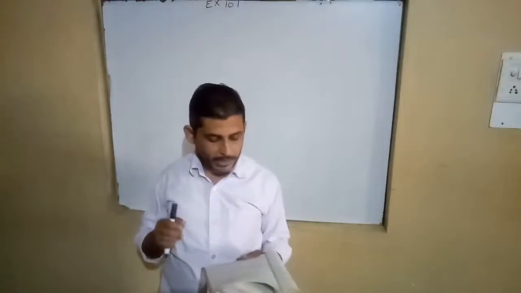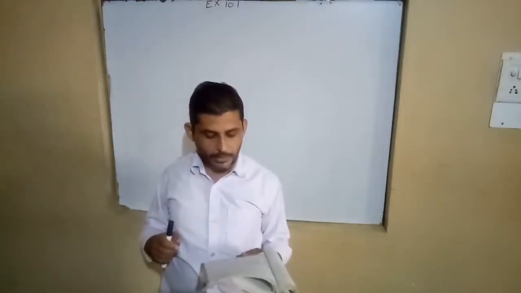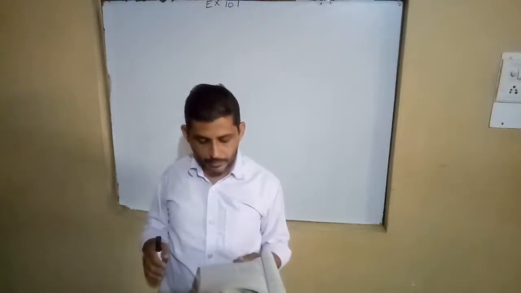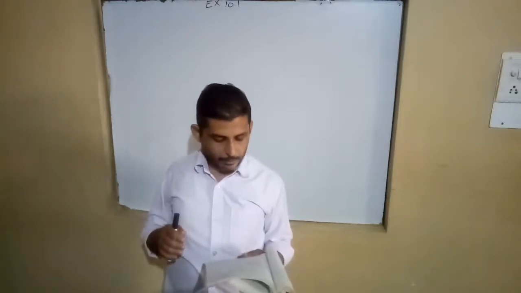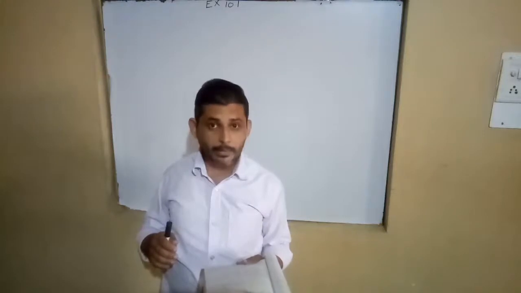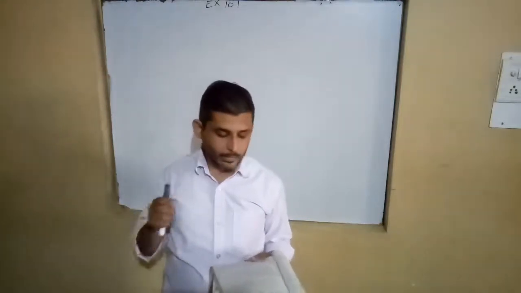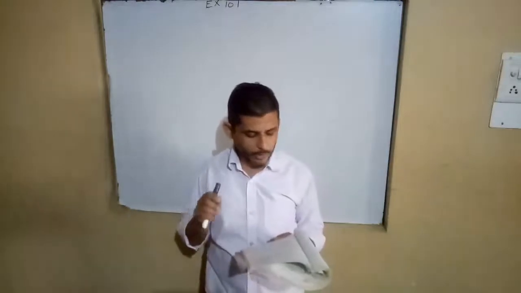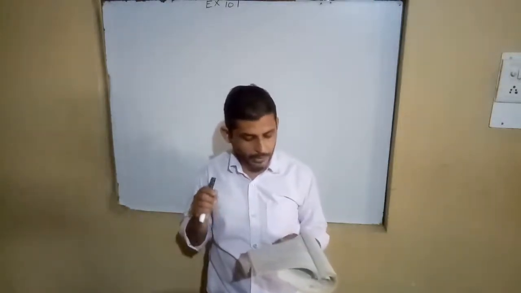The base of an equilateral triangle with side 2a lies along the y-axis such that the midpoint of the base is at the origin. Reading and understanding the question is very important. What is the question? The base of an equilateral triangle.